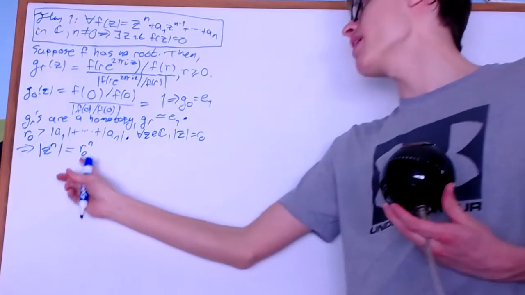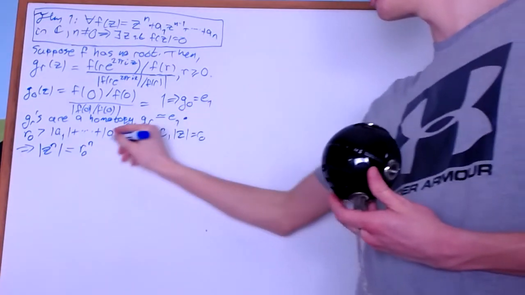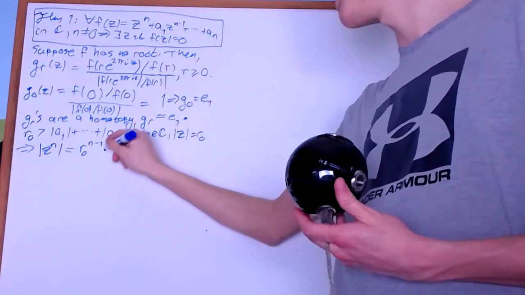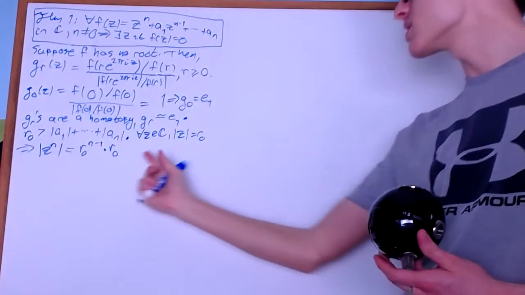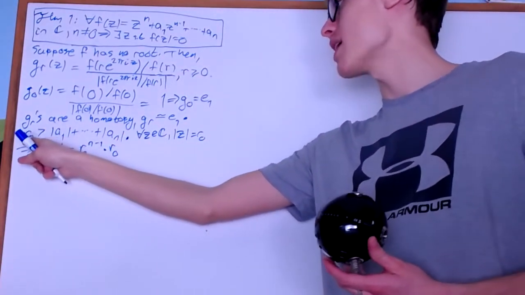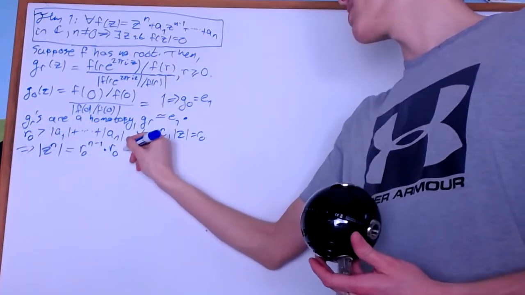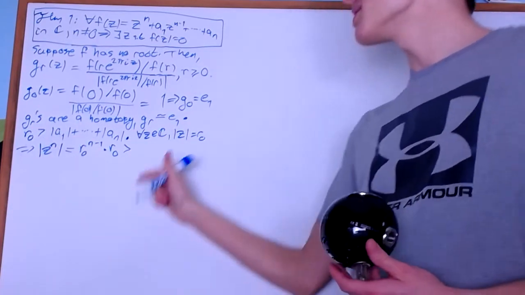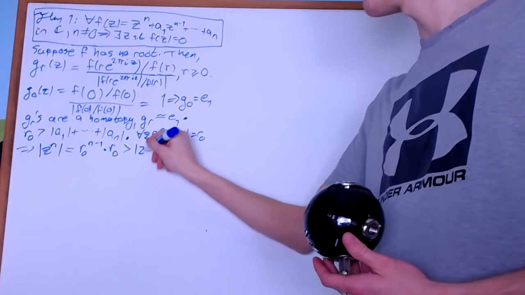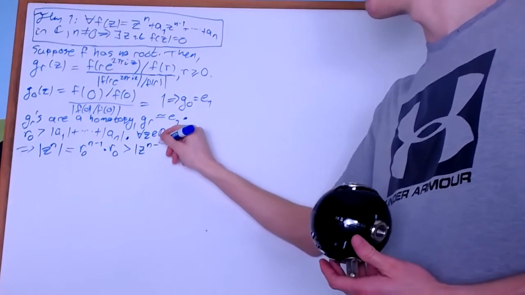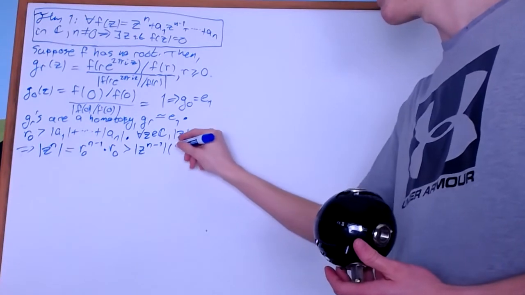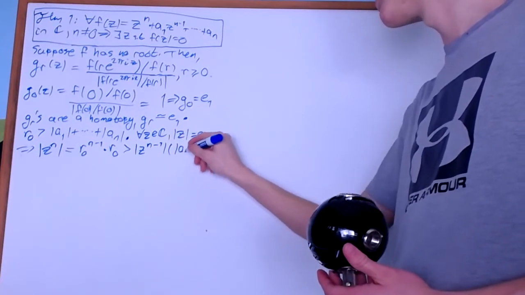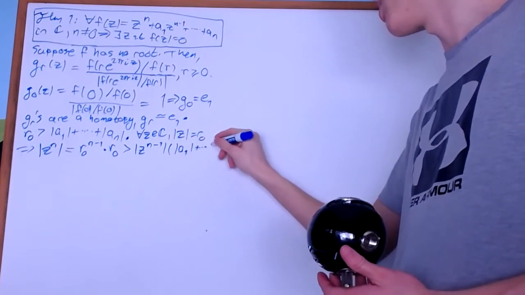But I can split up R_0^n into R_0^(n-1) times R_0. Now, the reason I want to do this is because we have this bound on R_0. So we know that this has to be bigger than, converting this R_0^(n-1) back into z, the magnitude of z^(n-1), multiplied by the sum of the absolute values of the coefficients.